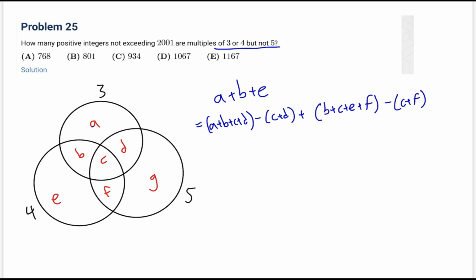To do that, we can do plus B plus C, this much, and then take out this much, minus C.